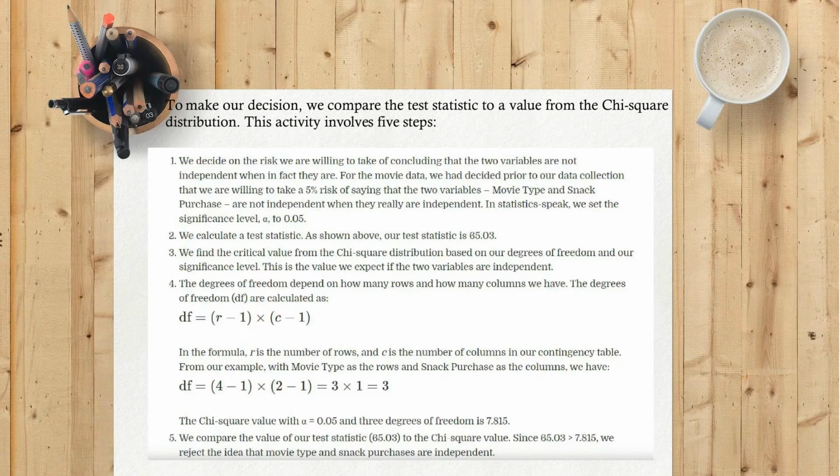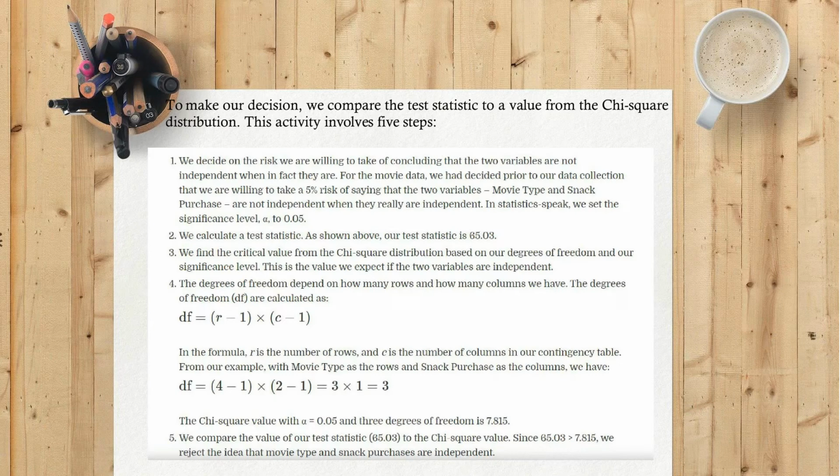From our example, with movie type as the rows and snack purchase as the columns, we have df equals 4-1 times 3-1, equals 3 multiplied by 1 equals 3. The chi-square value with alpha equals 0.05 and 3 degrees of freedom is 7.815. 5. We compare the value of our test statistic, 65.03, to the chi-square value.